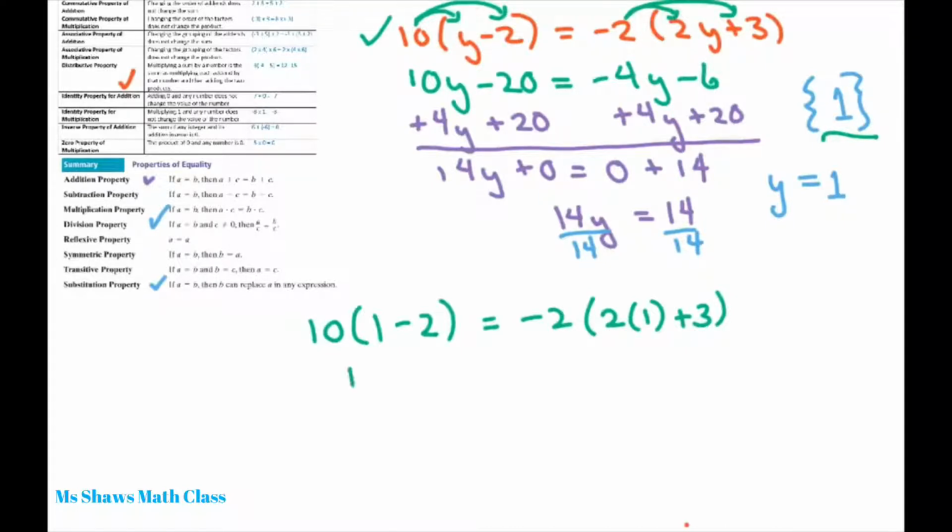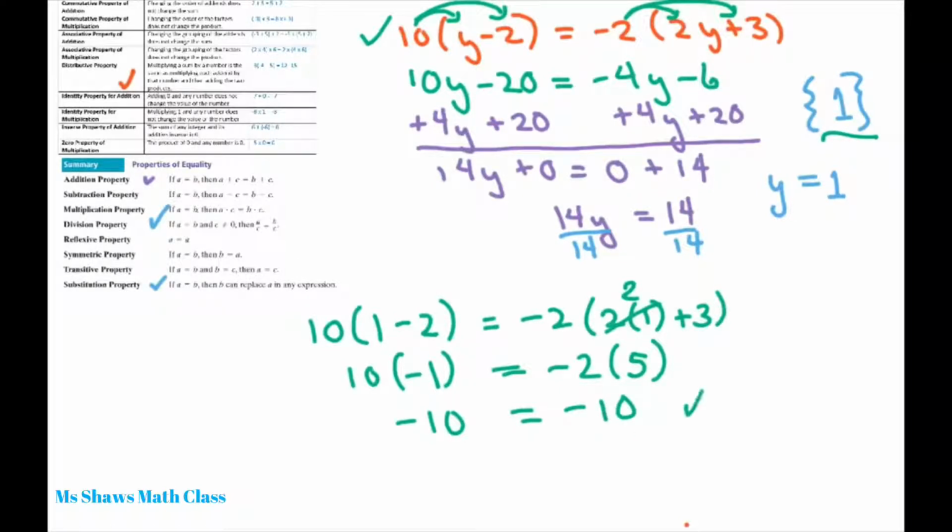Okay, so 1 minus 2 is negative 1. 2 times 1 is just 2. So we have 2 plus 3 is 5. And we get negative 10 equals negative 10. So that works out. And that means this is our solution.